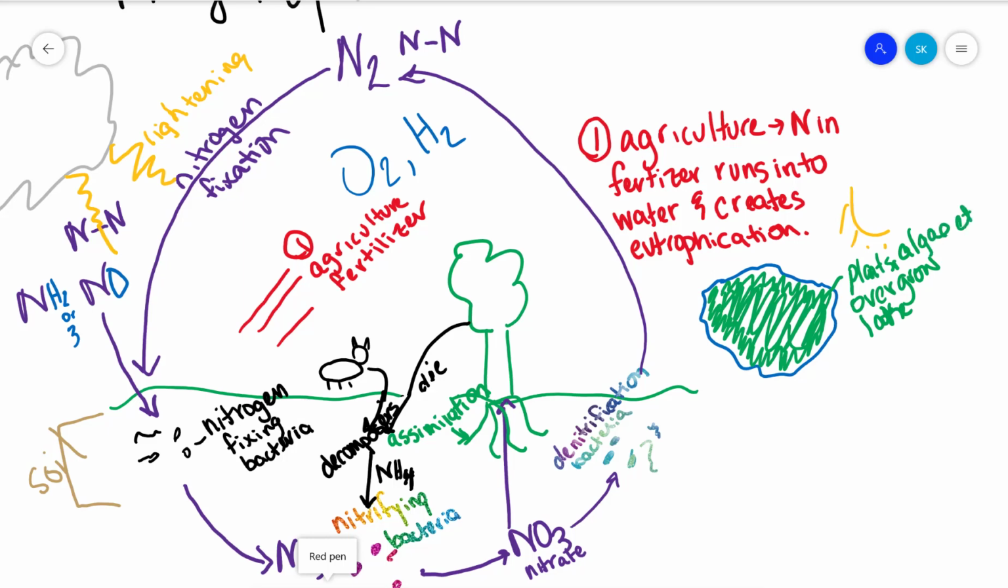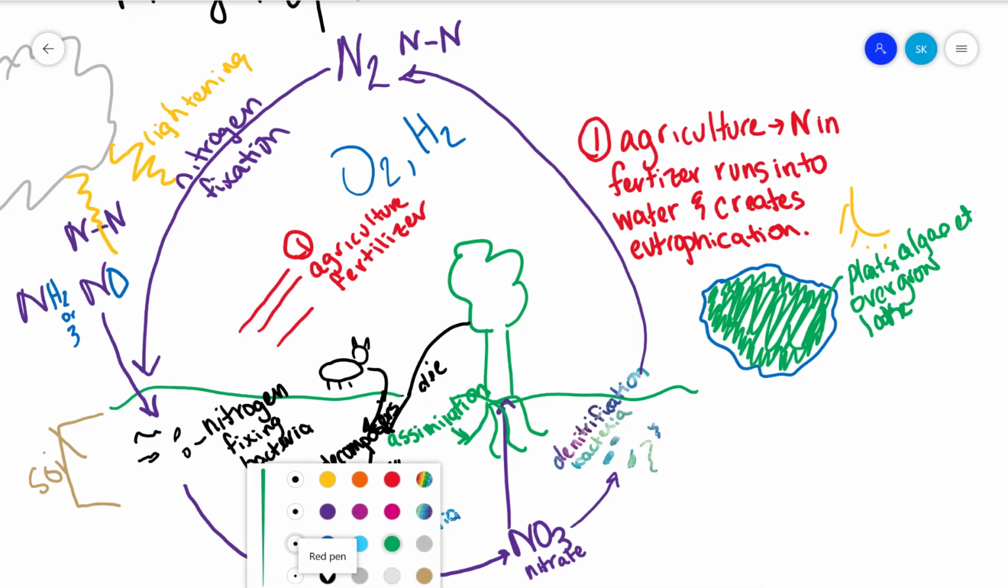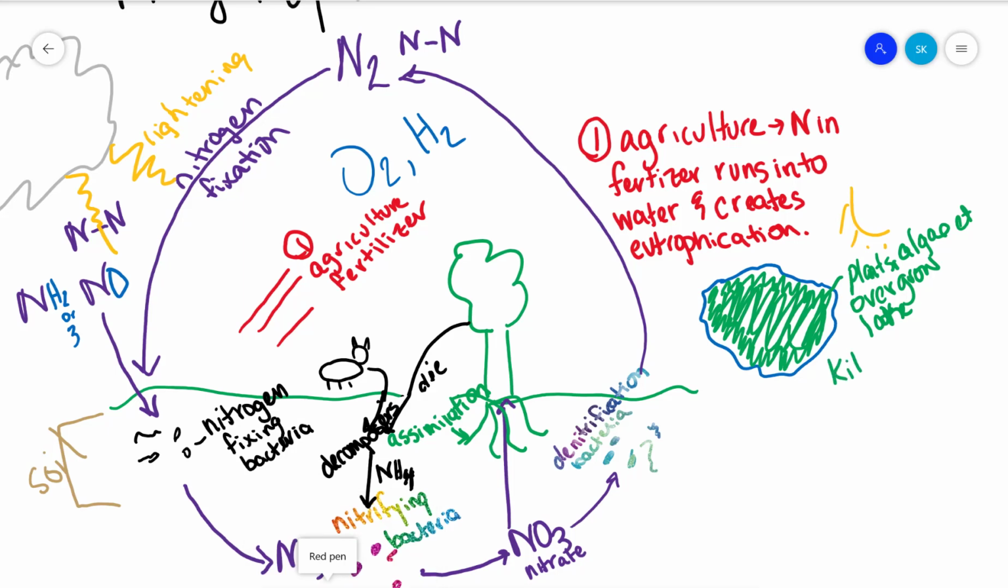Essentially the plants overgrow the lake so much that they start using all the nitrogen, all the oxygen, everything in the lake, and it chokes out all of the animals. So essentially it ends up killing all the animals. You have a green lake covered up with photosynthetic organisms, and then nothing underneath. All the animals are going to die because they can't get any nutrients. Those photosynthetic organisms are taking all of the nutrients.